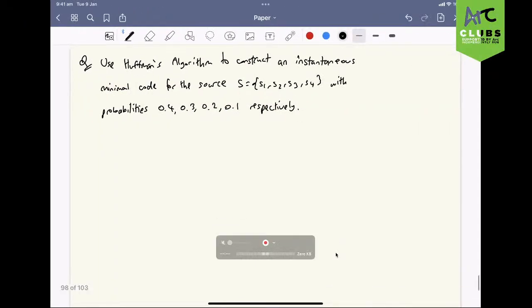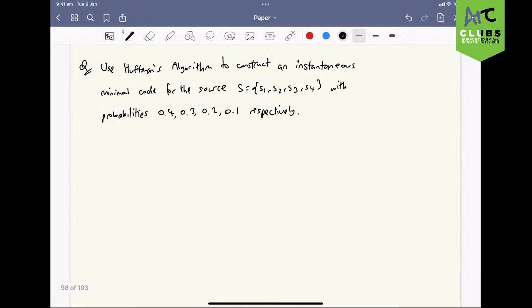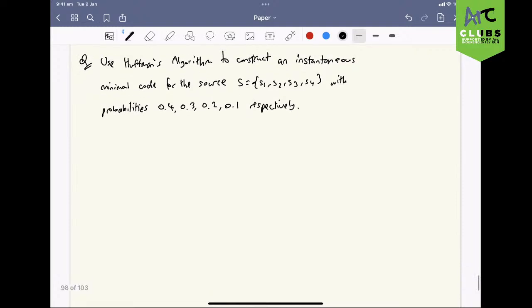So the way Huffman's algorithm starts is that we list these symbols in a column with their probabilities, like S1, S2, S3, S4. We want the highest probability symbol to be at the top of the column.